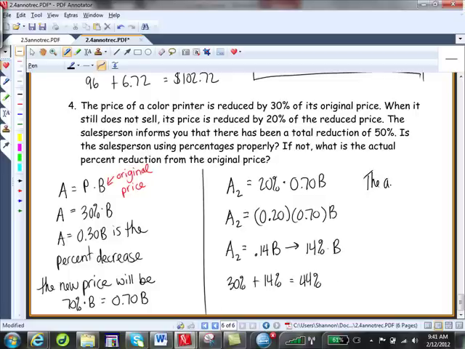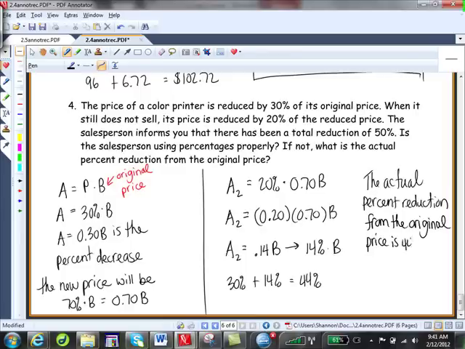So the actual percent reduction from the original price is 44%.